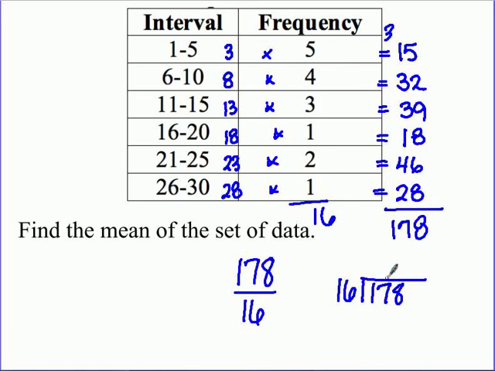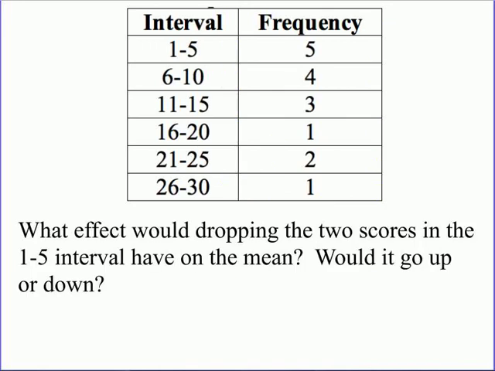Okay? Or you could just see they might have that as your answer too. Can you go by 2s? You could go by 2. Well, if you go by 2s, it would be 89 over 8. And then you would divide. That'd work too.